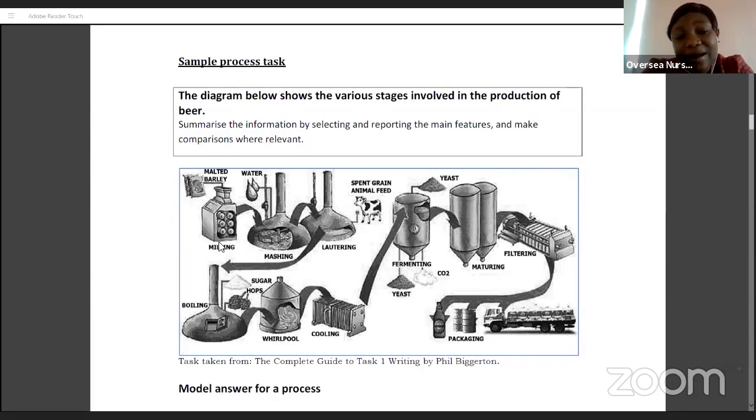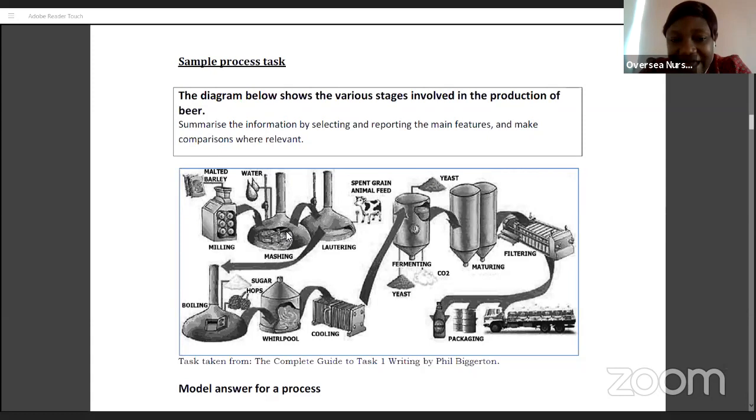So now, if we got that overall statement correctly, we start our explanation. The first process or the first stage in the processes is the milling of malted barley. This is followed by matching, where water is added into the milled barley. Can you see how I'm going?